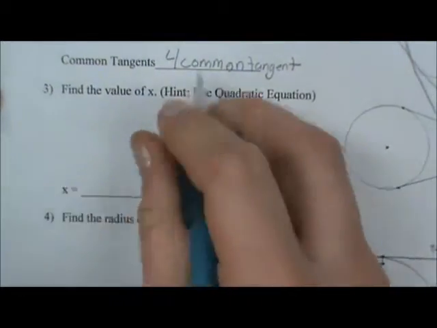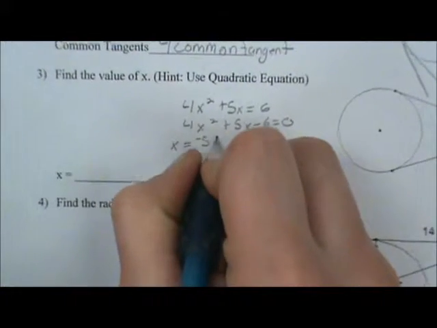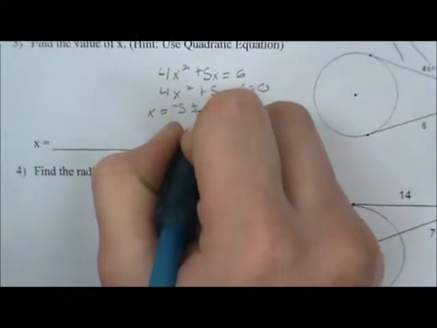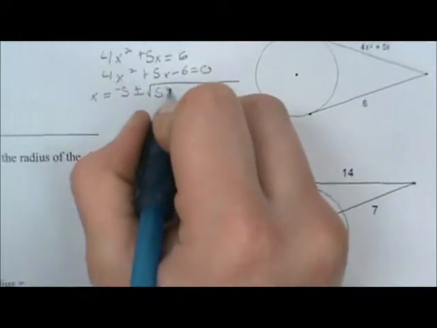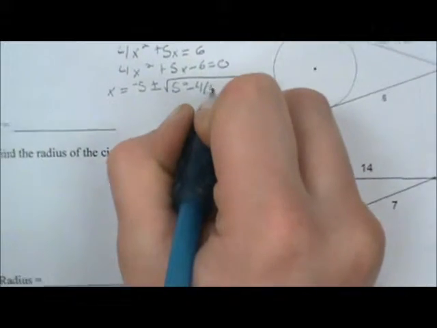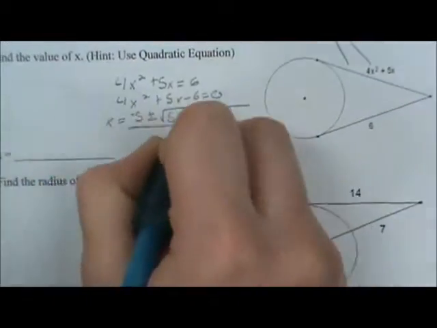And then we use the quadratic formula, so it would be negative 5 plus or minus the square root of 5 squared minus 4 times negative 6, and that's all over 2 times 4.